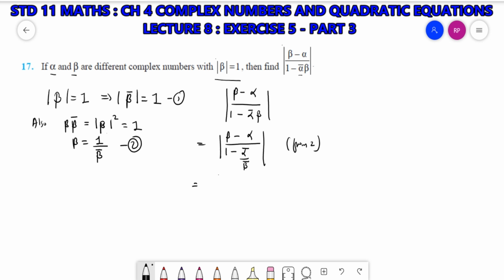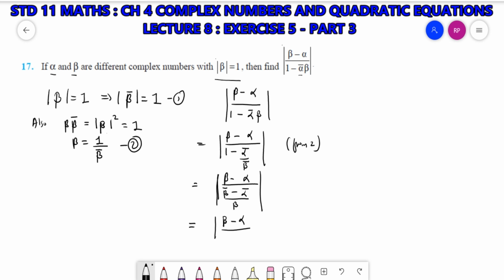So now let's take LCM. Beta minus alpha upon (beta bar minus alpha bar) upon beta bar.